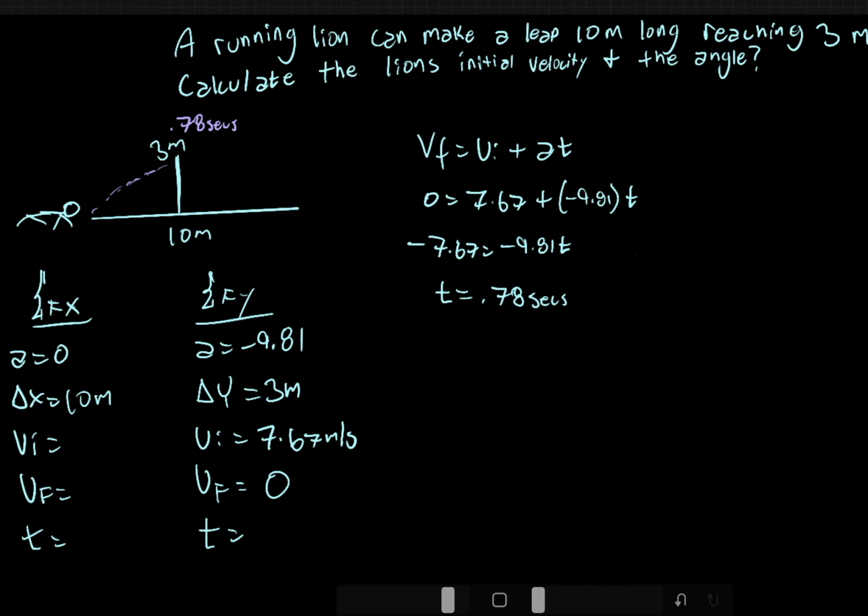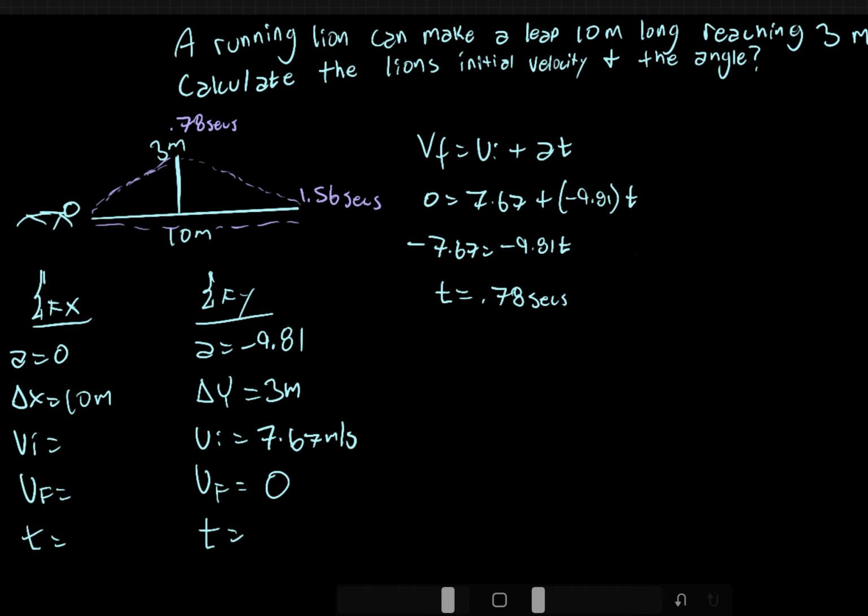And be mindful, it took 0.78 seconds to make it to the top, so we can assume that it will take that same amount of time to make it to the bottom, to make its complete 10 meters, the running mountain lion. So we can multiply this by 2, and this will be 1.56 seconds.